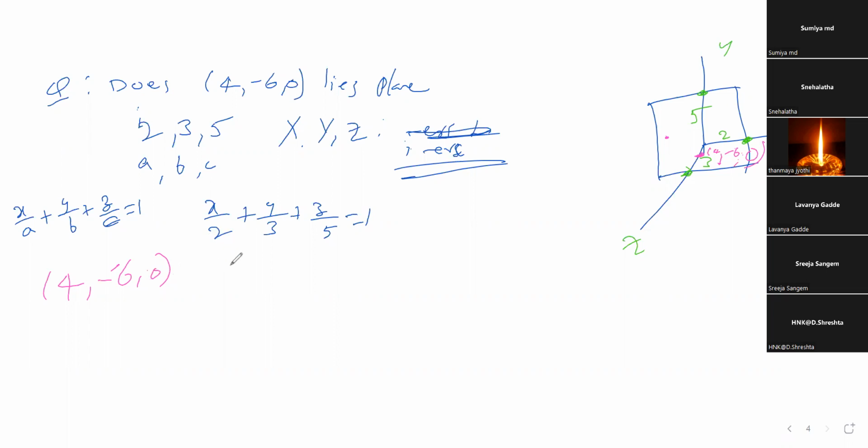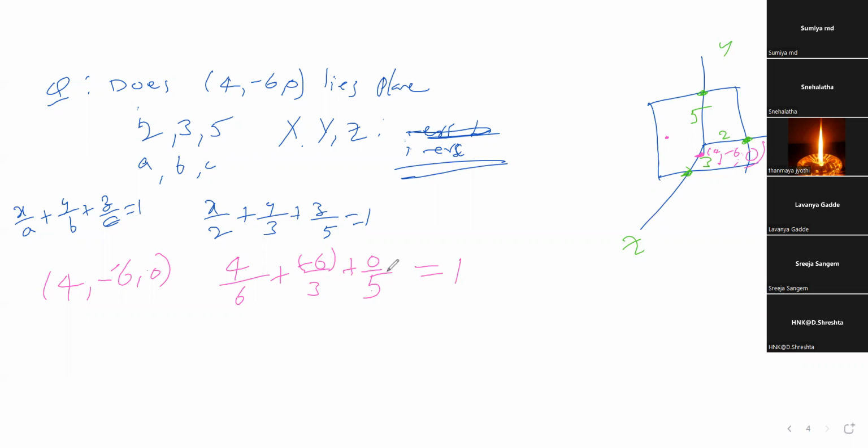So simply substitute. In place of x, y, z, replace 4, -6, 0: 4/2, which is plus -6/3, plus 0/5. Now the question is, is this equal to 1 or not?